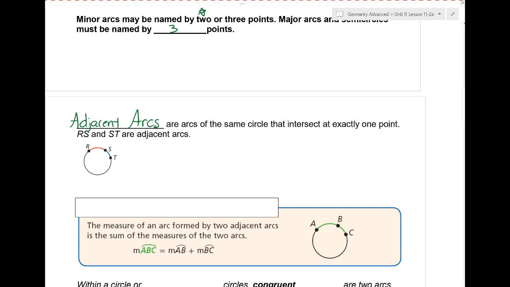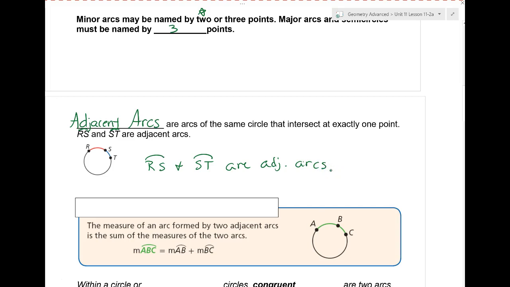Adjacent arcs are arcs of the same circle that intersect in exactly 1 point. And this notation turned out really bad, so there should be arc symbols above this, but I don't know if you guys can fit them in there or not. So I'm going to do it down here. Arc RS and arc ST are adjacent arcs.